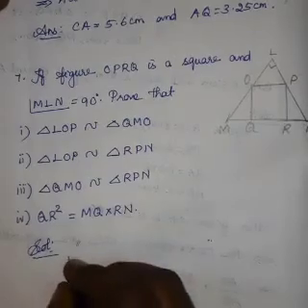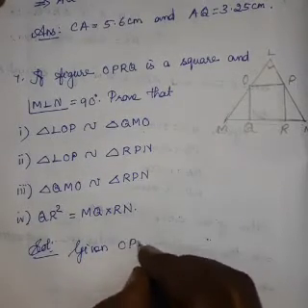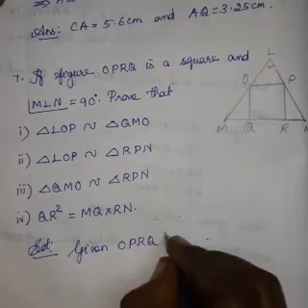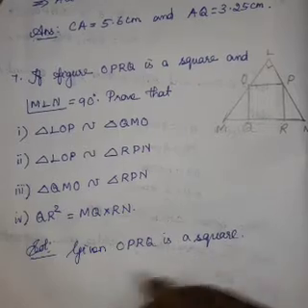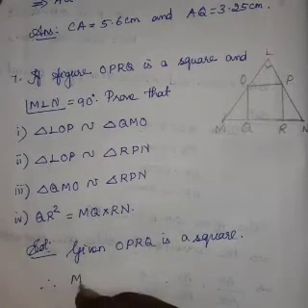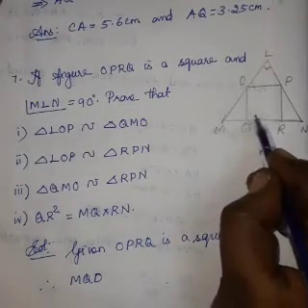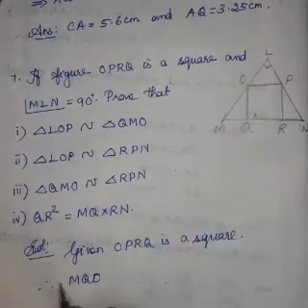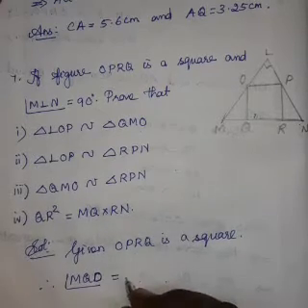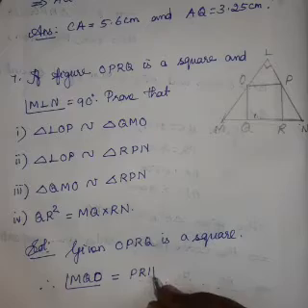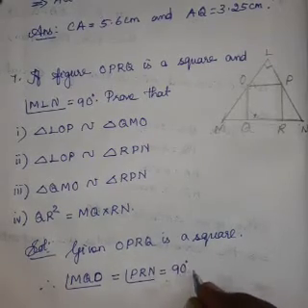So first of all, given OPRQ is a square. Therefore, angle MQO, actually it is 90 inside, so outside also 90, is equal to PRN, which is also equal to 90 degrees.